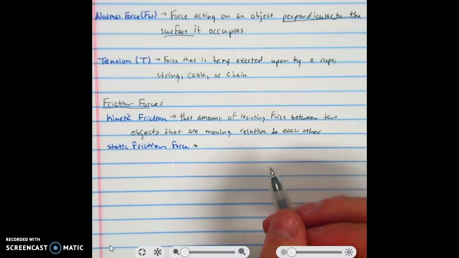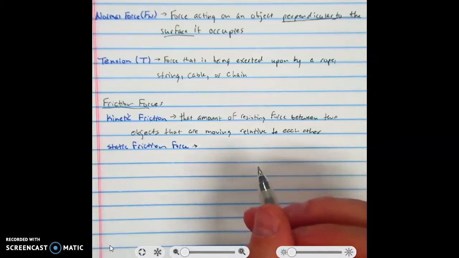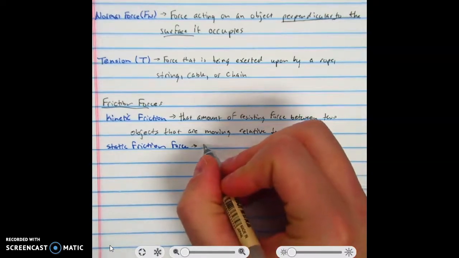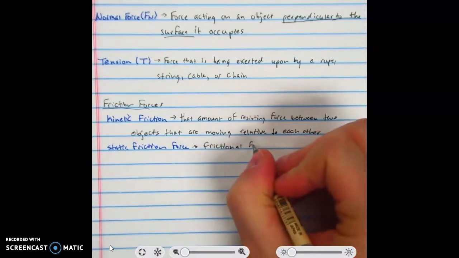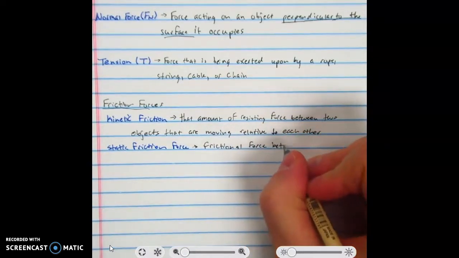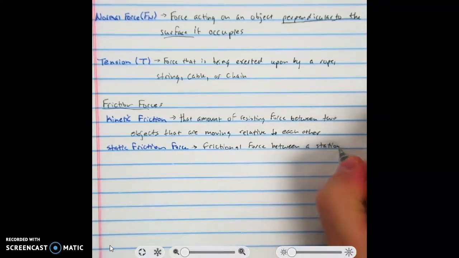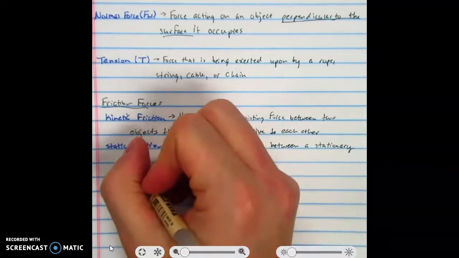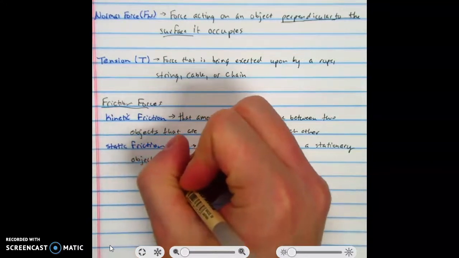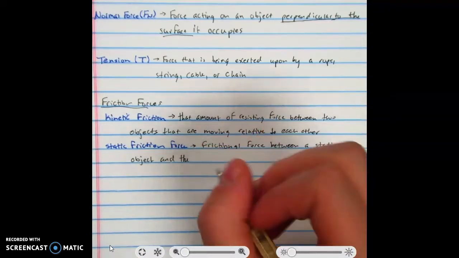So static friction is the frictional force between a stationary object and the surface it's resting upon. My bad.